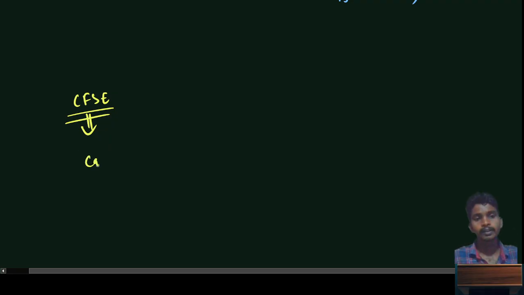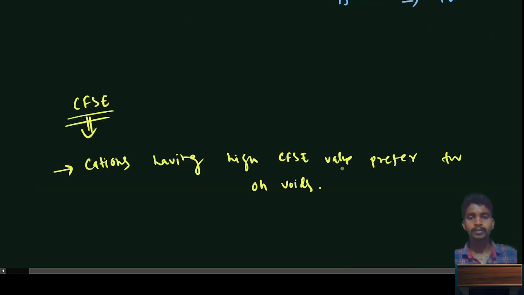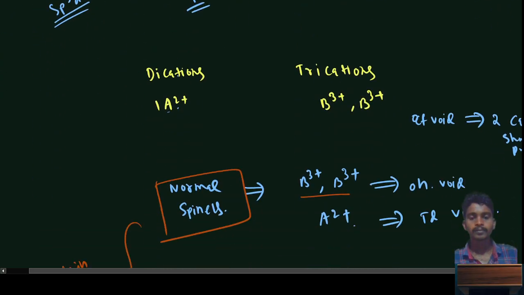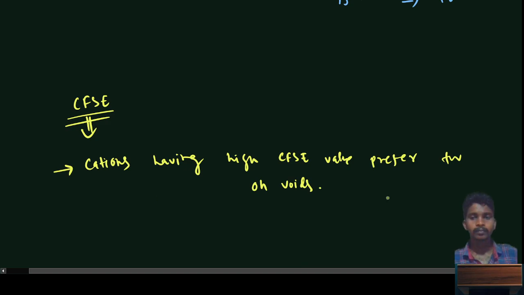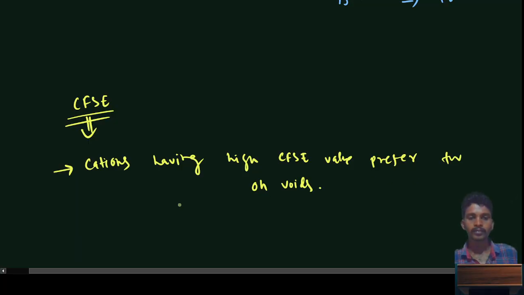So cations having high CFSE value prefer octahedral voids. The cations which have the high CFSE value will be the first preference to go to the octahedral void.